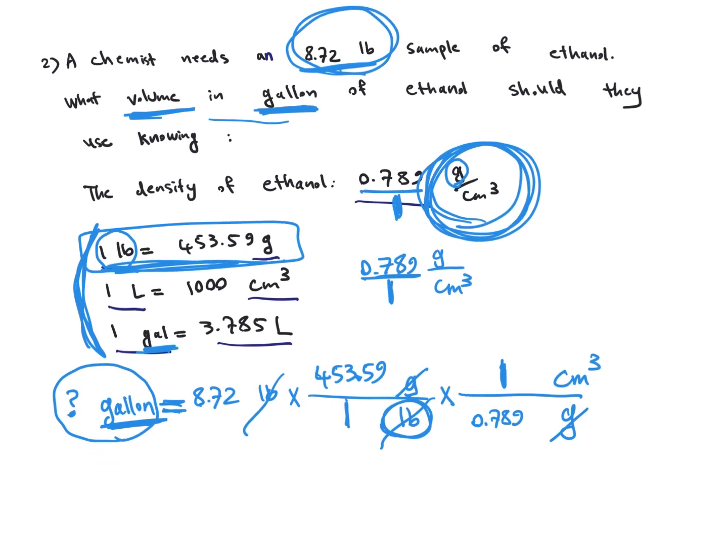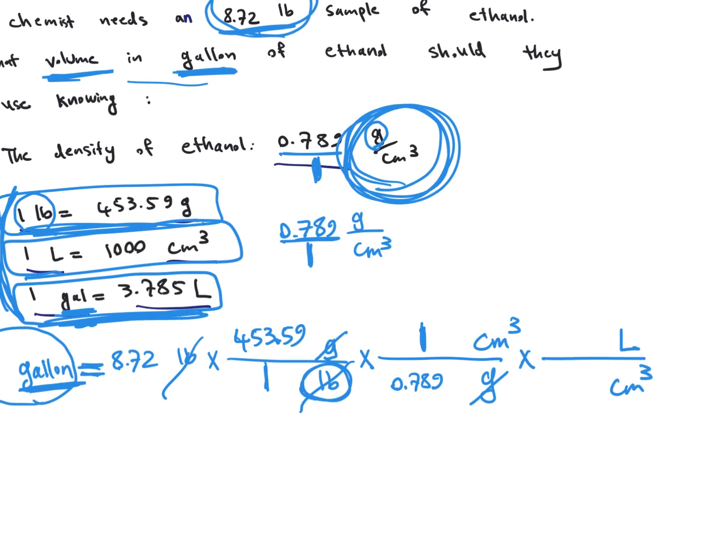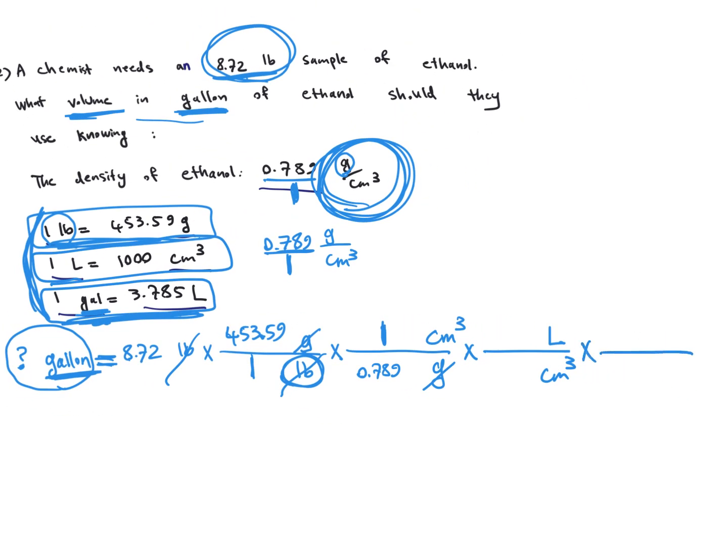Okay. And now I should convert cubic centimeter to what? I want to convert that to gallon, but I don't have a direct conversion factor here. So I need to first convert cubic centimeter to liter, and then liter to gallon, right?